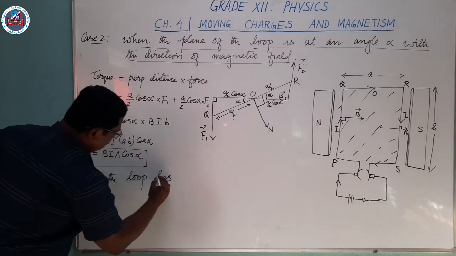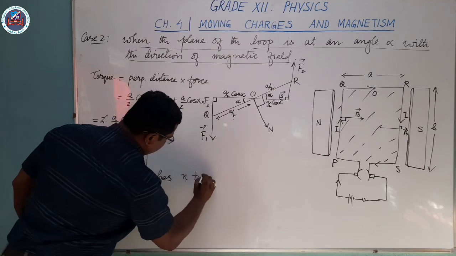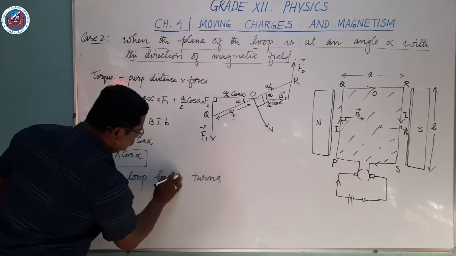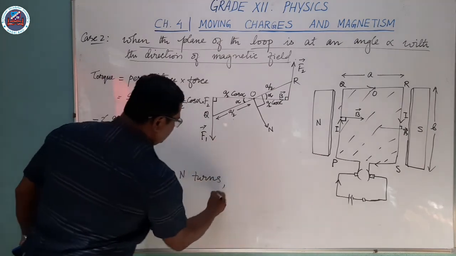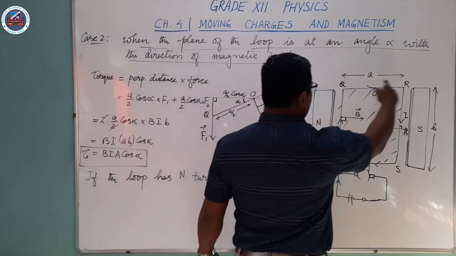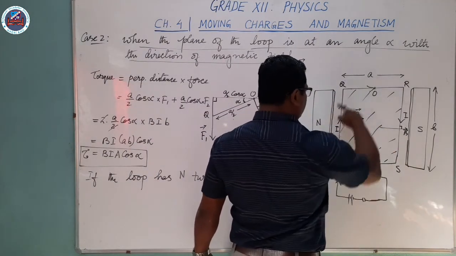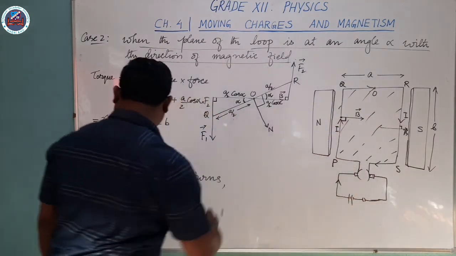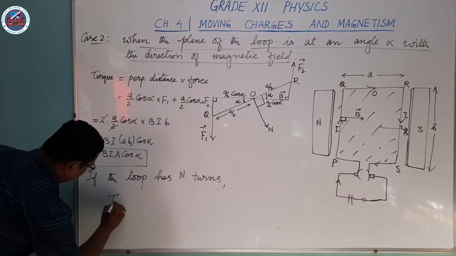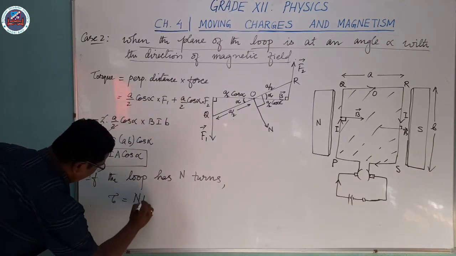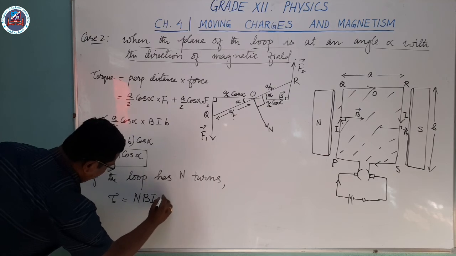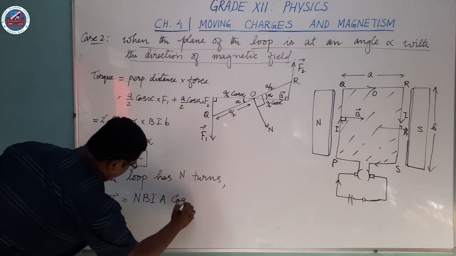has n turns, instead of one single turn, if the loop has many turns like this, then the torque experienced will be given by n times BIA cos alpha.